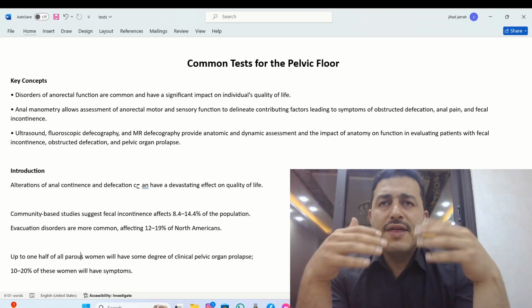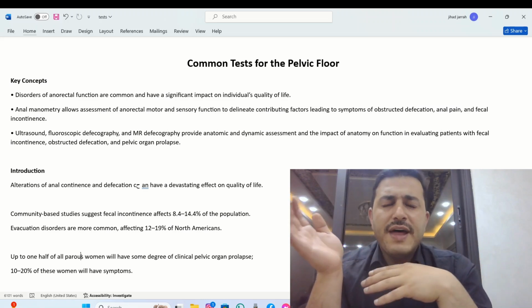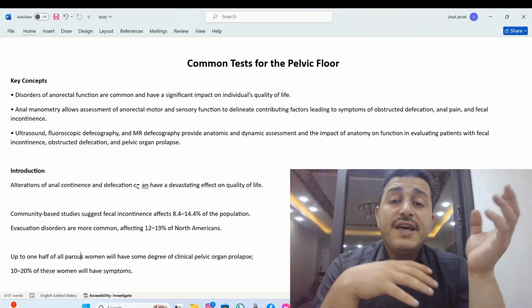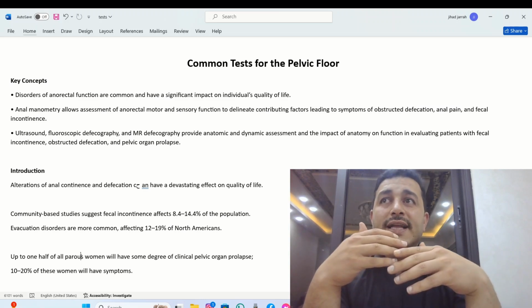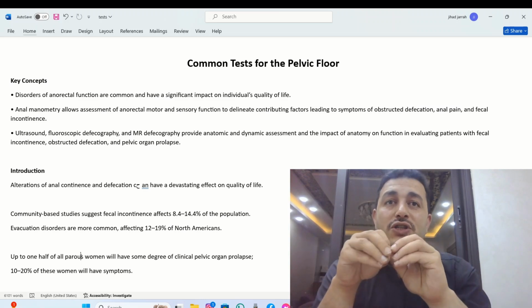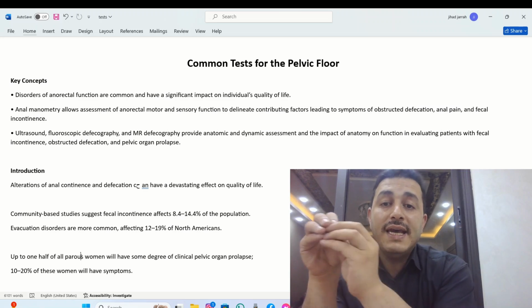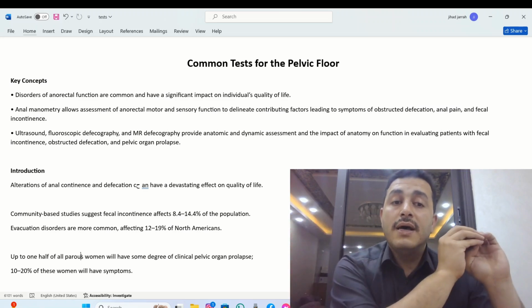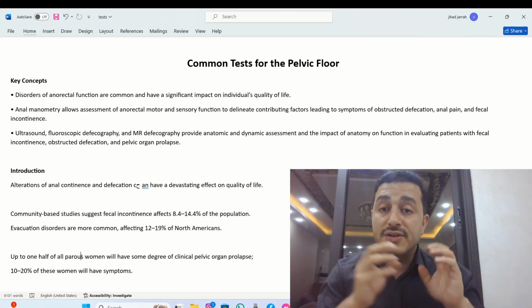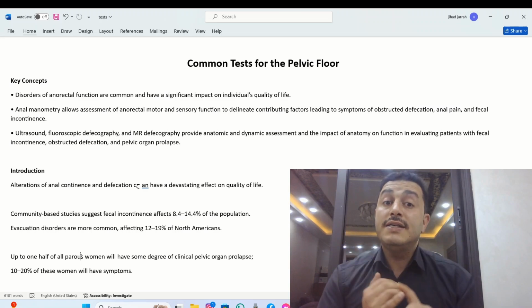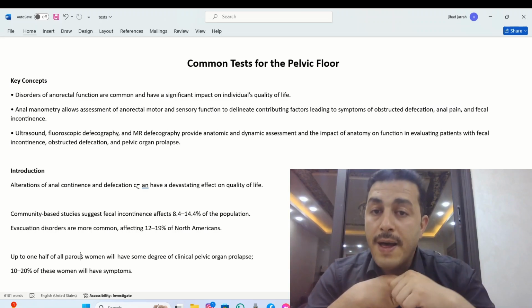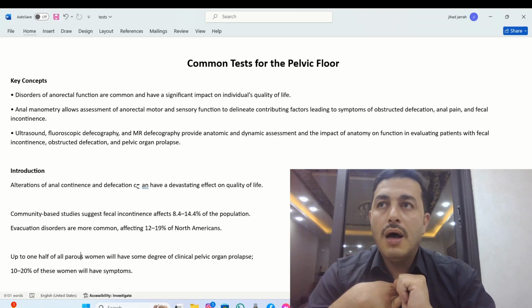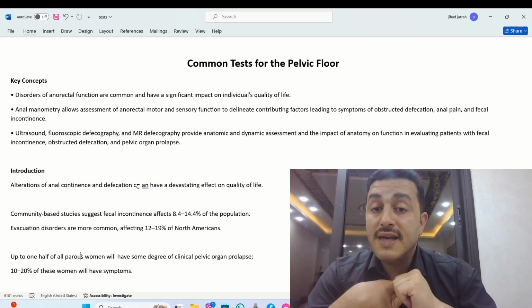And we said that continence and defecation are a complex mechanism. That means many mechanisms participate in continence and defecation, and understanding these two functions needs a good understanding of the role of the muscles in the anus and rectum.